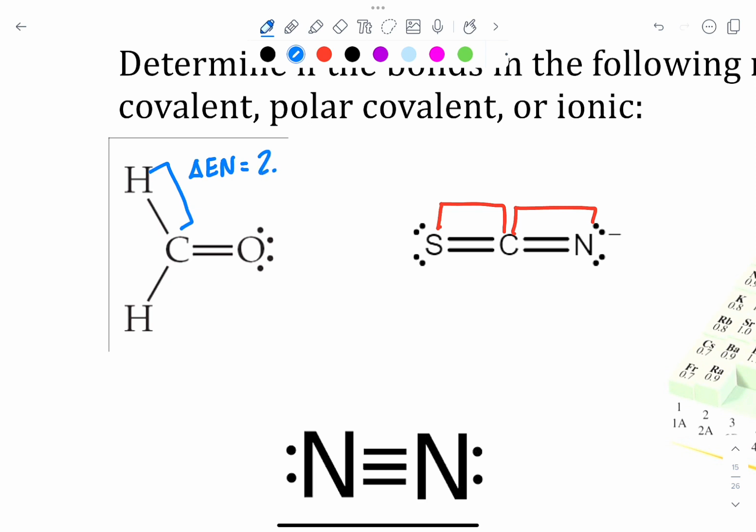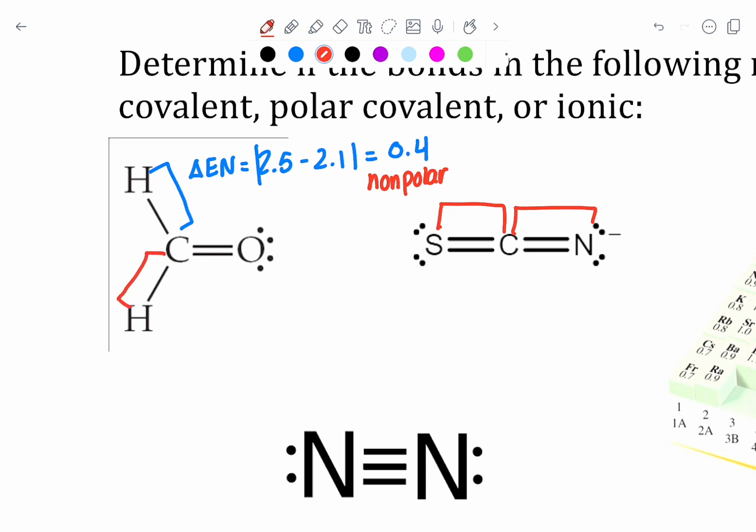So we take 2.5, subtract off 2.1. Again, it doesn't matter the order that you do it in, you're going to do an absolute value anyways. So this would be 0.4, which would be nonpolar. Now this would also apply to this other carbon-hydrogen bond because the electronegativities are going to be the same, so this would also be a nonpolar bond.